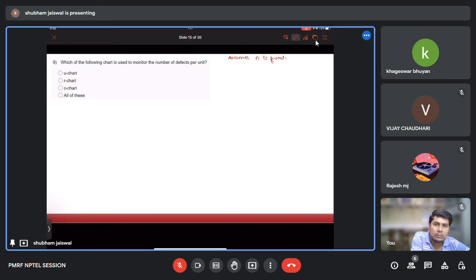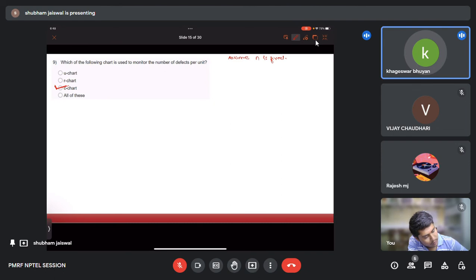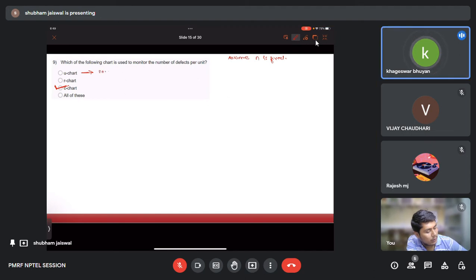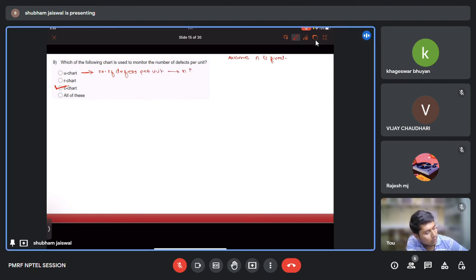It's C chart. When do we use U chart? It's for number of defects when N is more than one, N is not fixed, or N is changing.